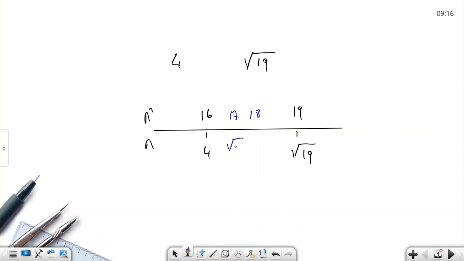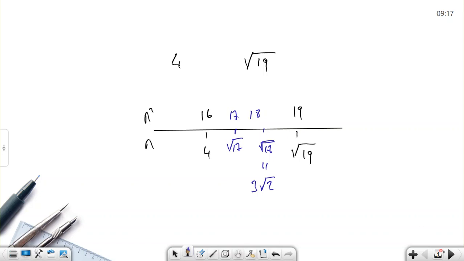I can use the square root of 17, which is between 4 and the square root of 19. And I can say the square root of 18, which is also between 4 and the square root of 19, and we know it equals 3 times the square root of 2. So I found two irrational numbers between a given rational and irrational number.